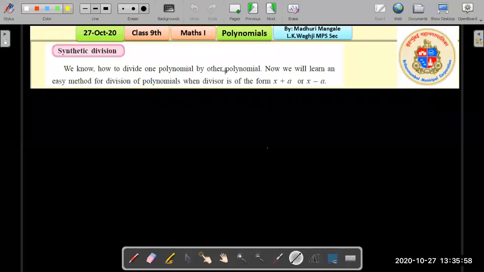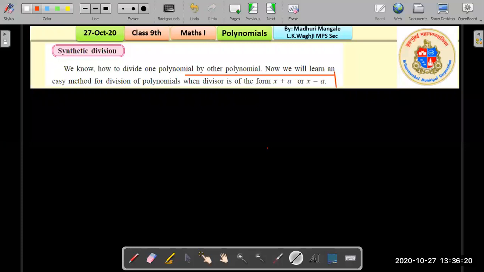For synthetic division, the basic criteria is that here for this class, actually for ninth standard, the divisors used in our textbook are simple versions. That is, the divisor will be of the form x plus a or x minus a. This is the simple form.